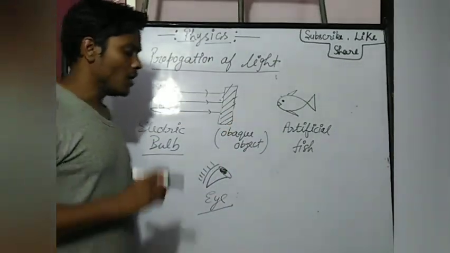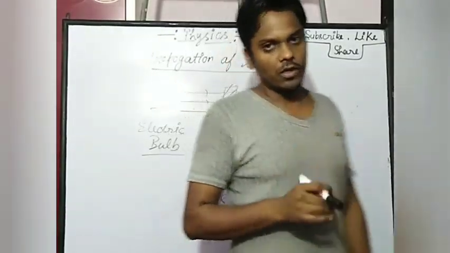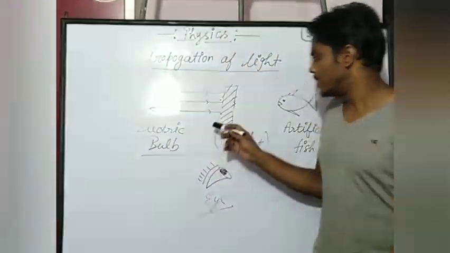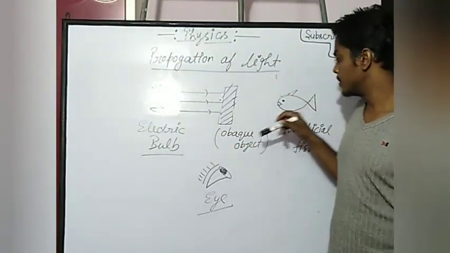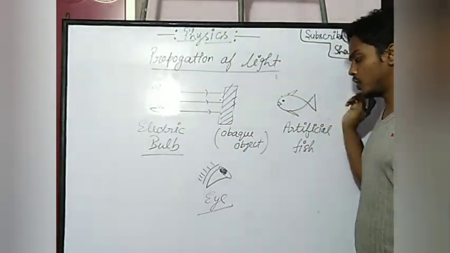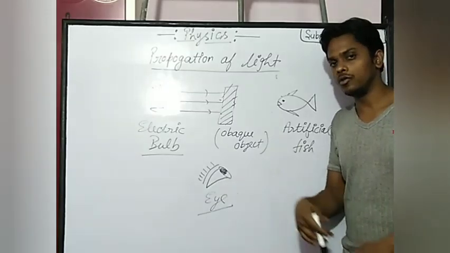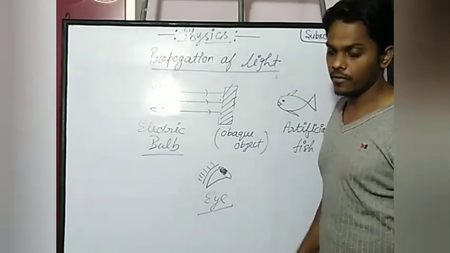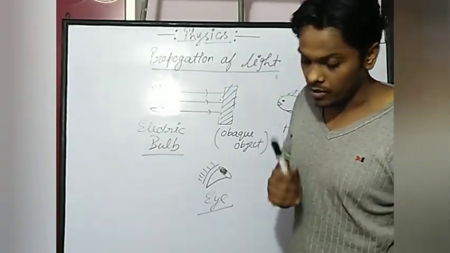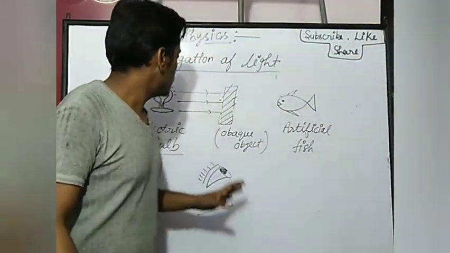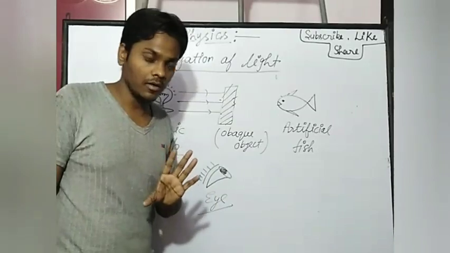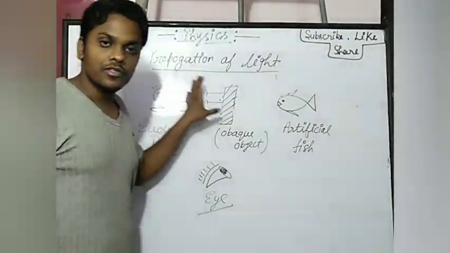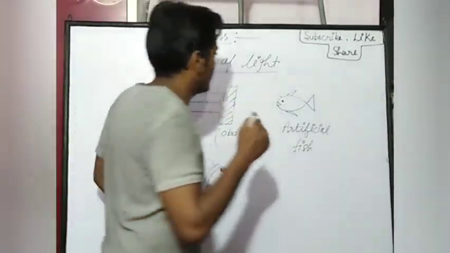So what is our conclusion? There is no chance that light can cross this opaque object and fall upon this artificial fish so that we can see it. So listen to me very carefully. That means a light ray travels in a straight line.